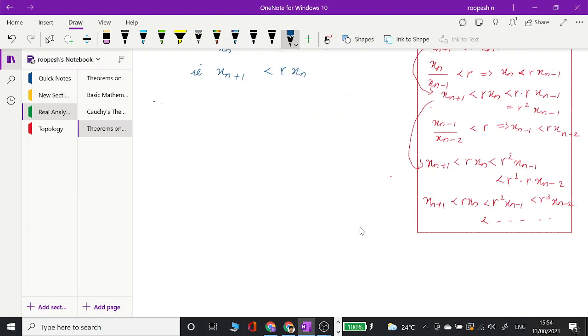Therefore, if n is greater than k, then this condition holds.